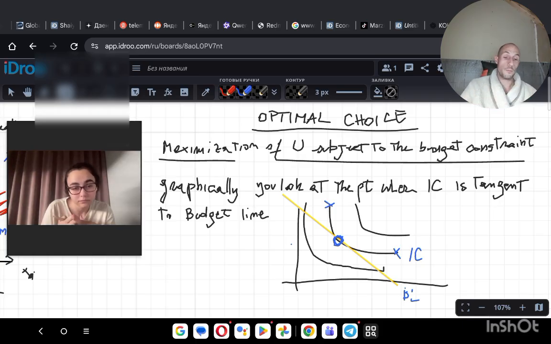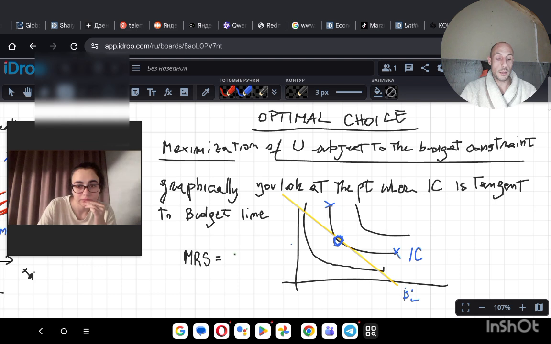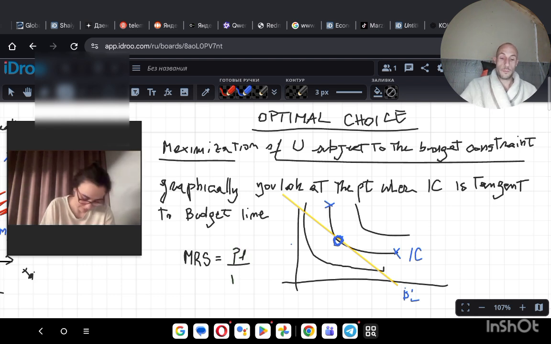Now, at this point, the MRS, the marginal rate of substitution, is given by the ratio of the two prices.